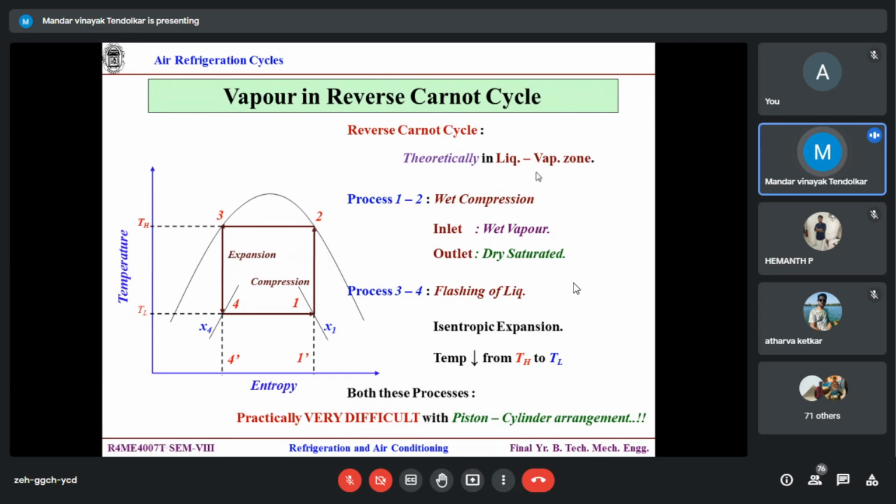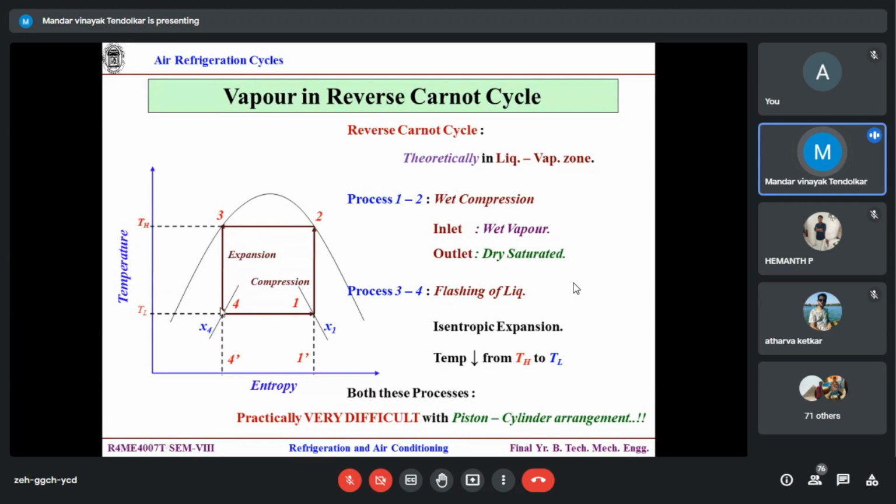So theoretically, in the liquid-vapor zone, if I shift the cycle inside it, then you can make it practical. So this would be a wet compression because state 1 has some dryness fraction. Here it would be saturated. Then constant pressure, constant temperature phase change heat transfer. Then there will be flashing of the liquid.